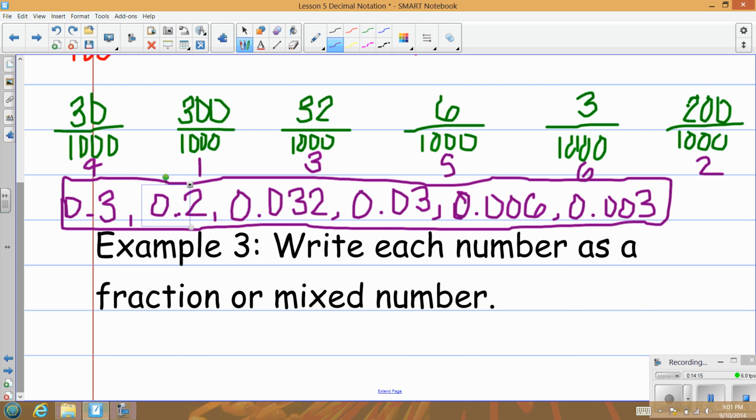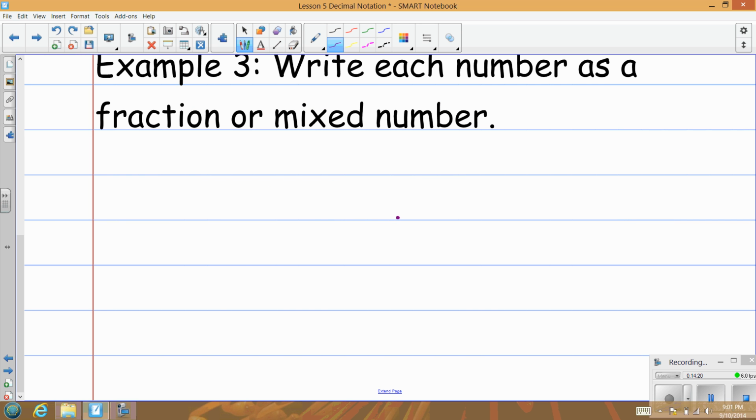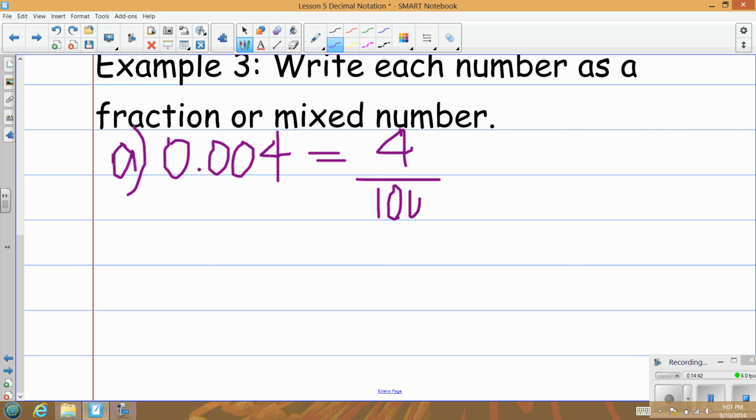The next example here, we want to write each number as a fraction or a mixed number. So for the first example, if I give you 0.004, to rewrite that as a fraction, which we kind of did in the problem above, just to refresh your memory, is going to be 4 over 1,000, because 4 is in the third decimal position, which means it's 1,000.